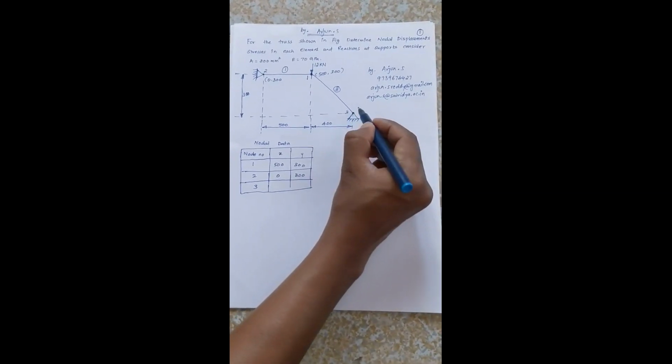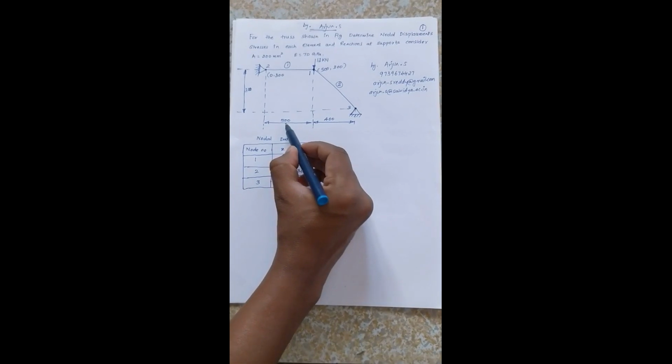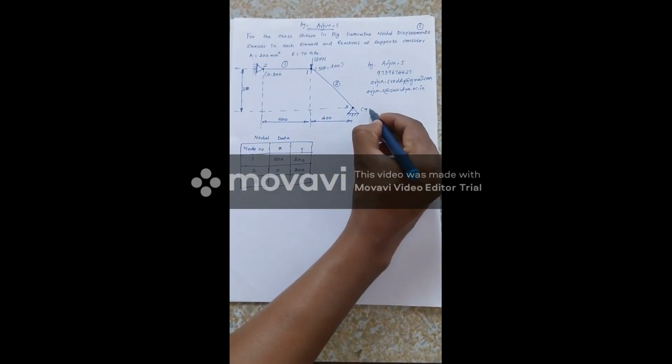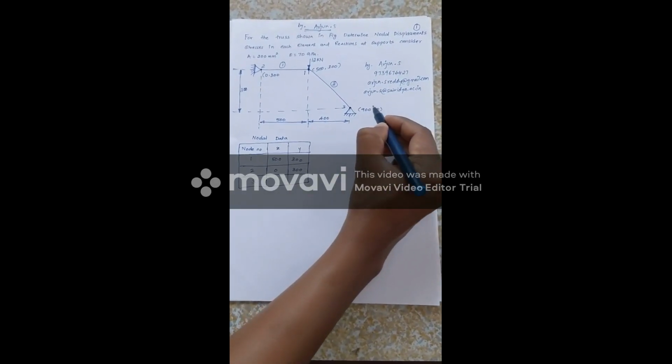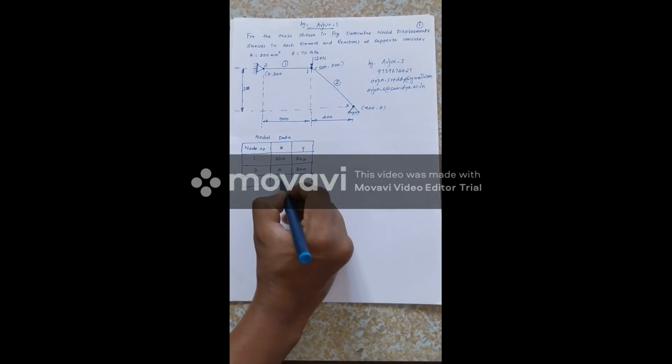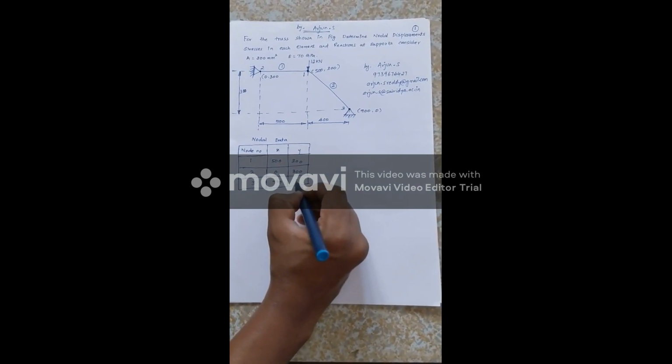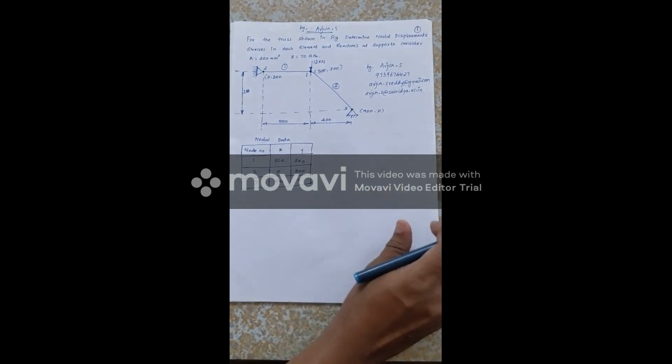Since this is node number 3, x coordinate is 500 plus 400, that is 900, and y is 0. We can represent that here.